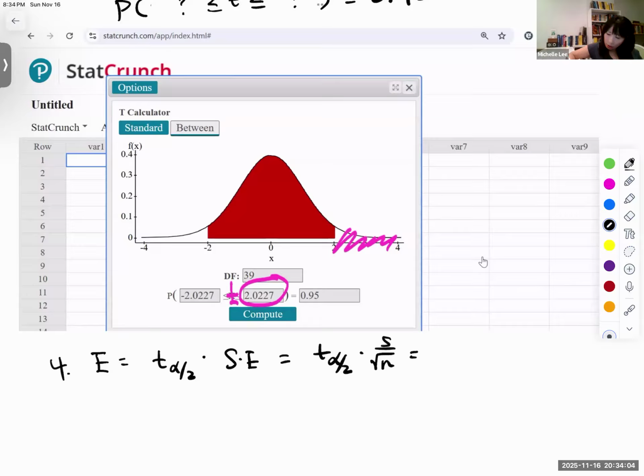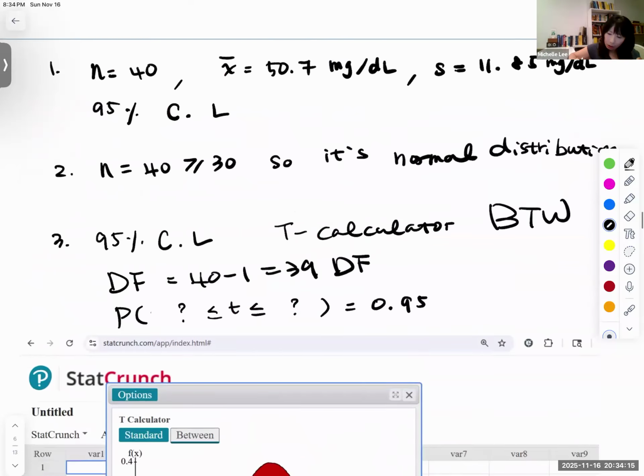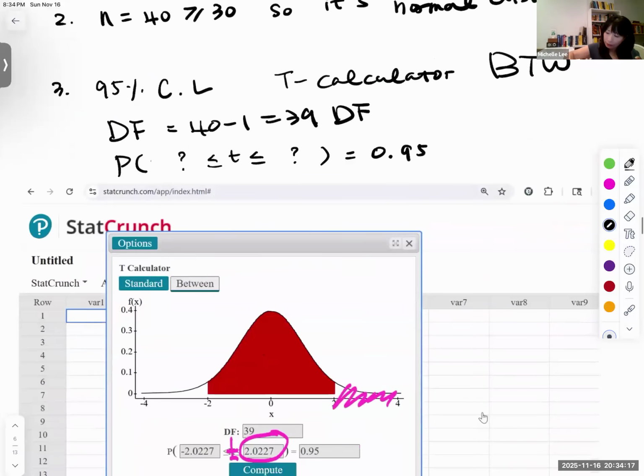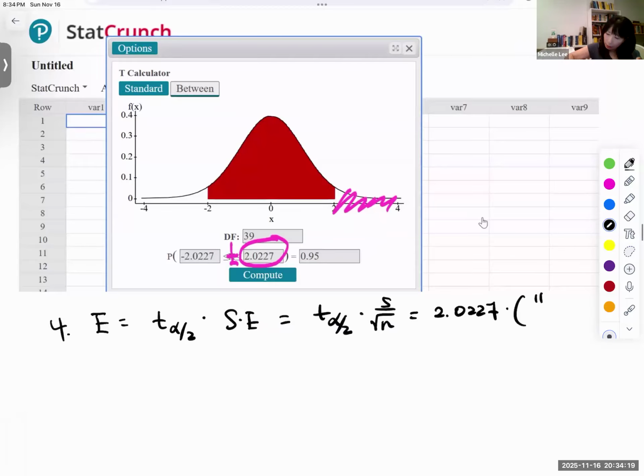So we use 2.0227, and s we had earlier, 11.85 over the square root of 40. What do you get? We get 3.7898.